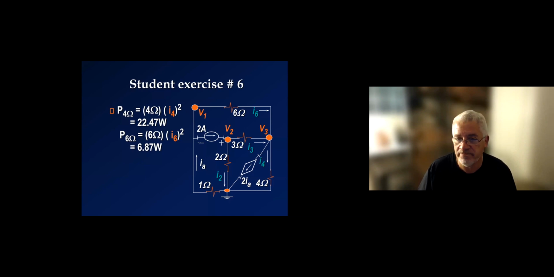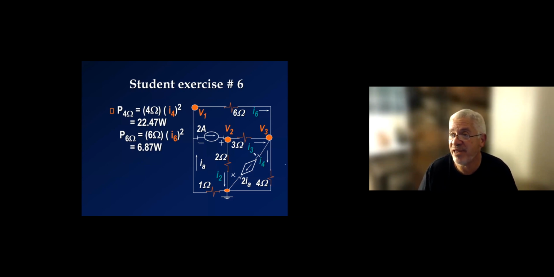For the dependent source, the plus is here and the minus is here, so that the current enters the negative terminal. Again, the power for the dependent source is going to be the current times the voltage. The current is 2IA, and the voltage is 0 minus V3, given the polarities that I have.